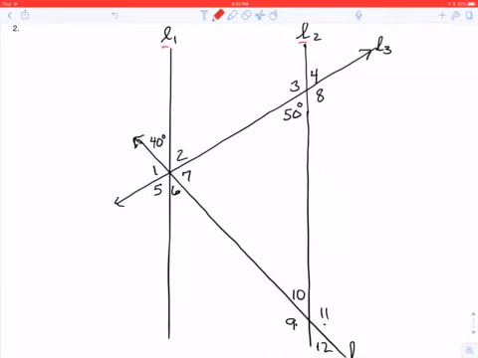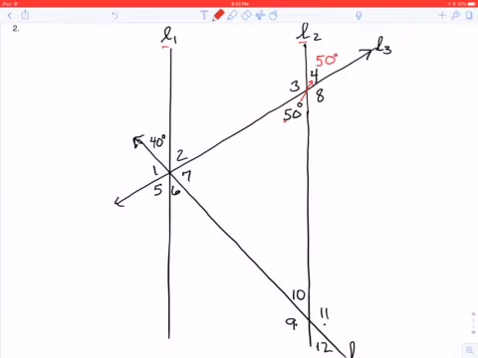So if I start out with this angle here in the corner, this 50-degree angle, I notice that it's vertical to angle 4. So vertical angles are equal, so angle 4 is also going to be 50 degrees.